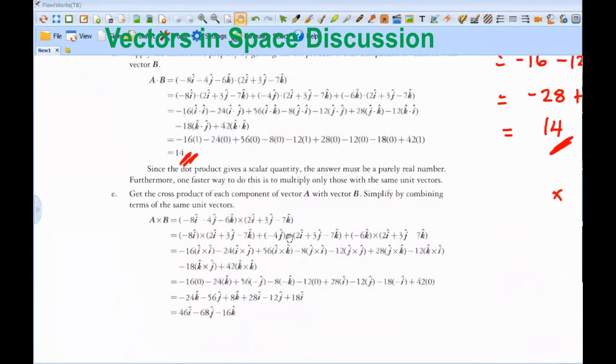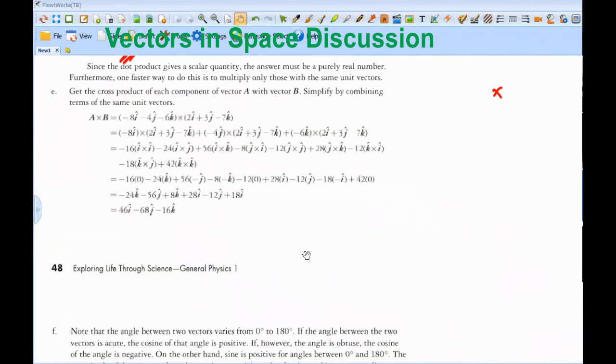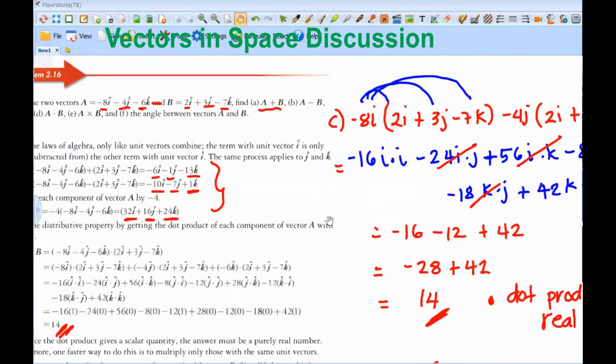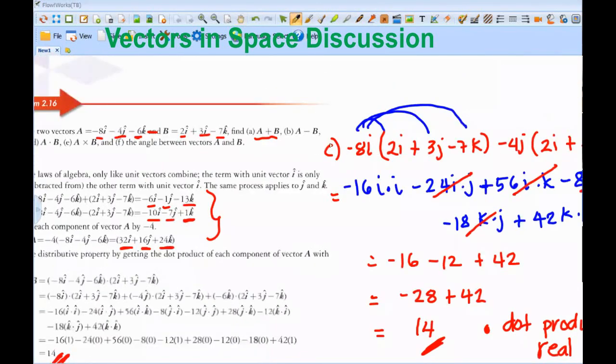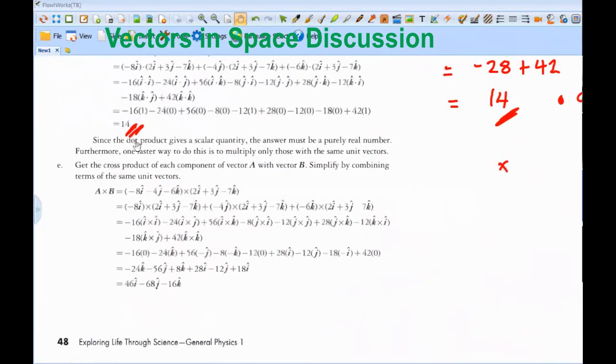The dot, right? Now let us try E. Yes, sir. That was C. That was D, right? Letter D. Since letter C, the dot product, gives a scalar quantity, then the answer must be purely a real number.